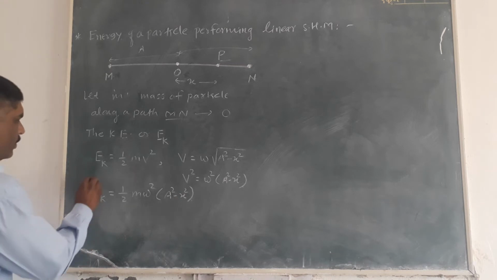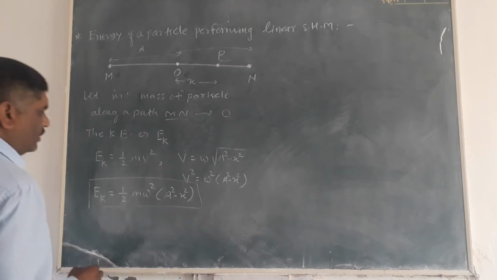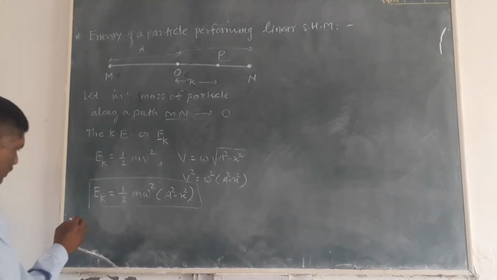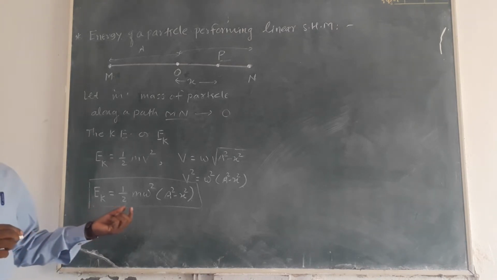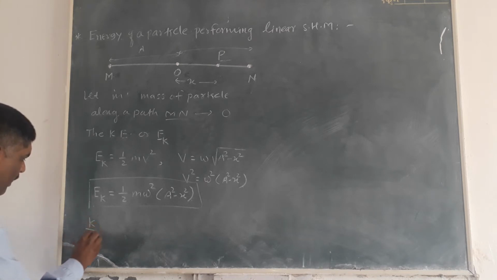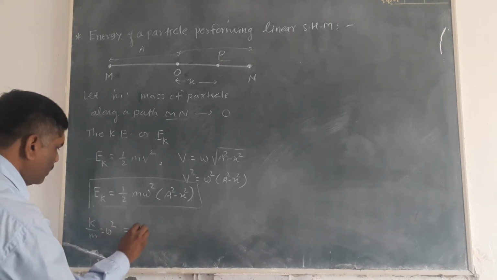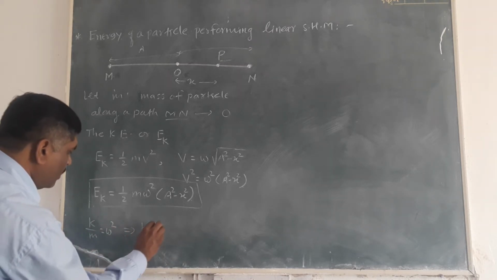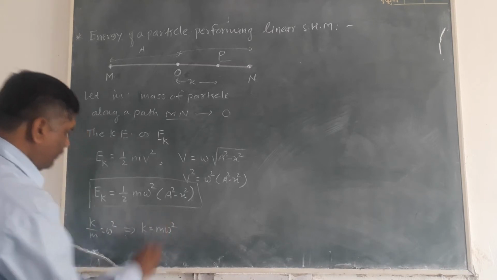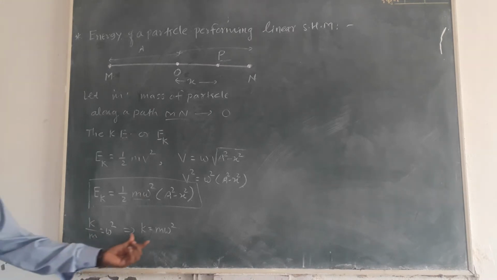This equation gives the kinetic energy in simple harmonic motion. Or this can be written using the differential equation of SHM, where we saw that k upon m is equal to omega square. Hence, k is m omega square. Instead of m omega square, we put the value k.